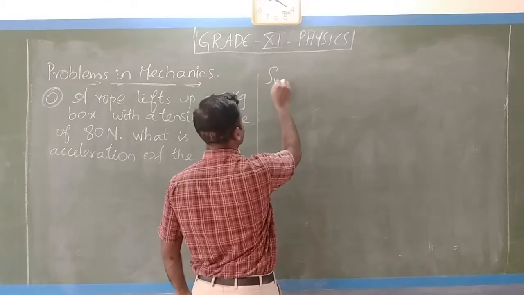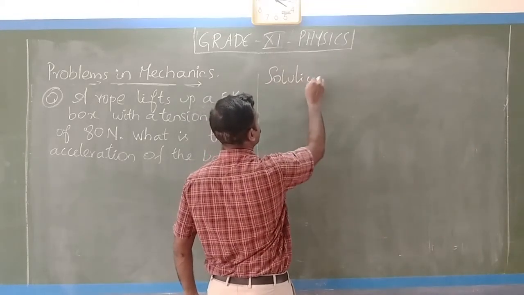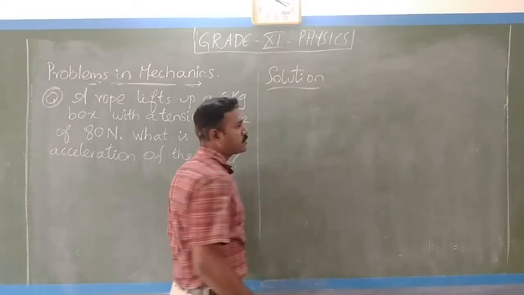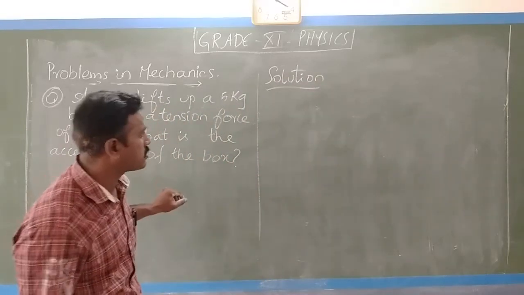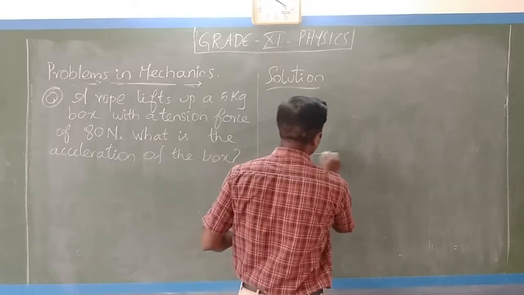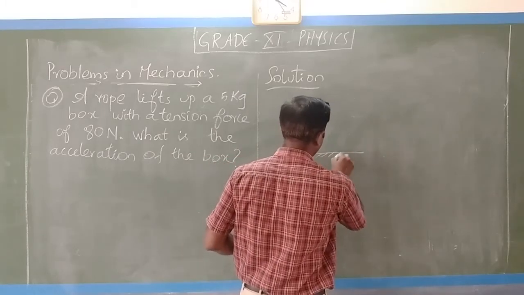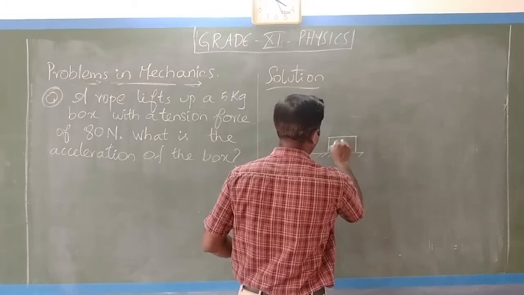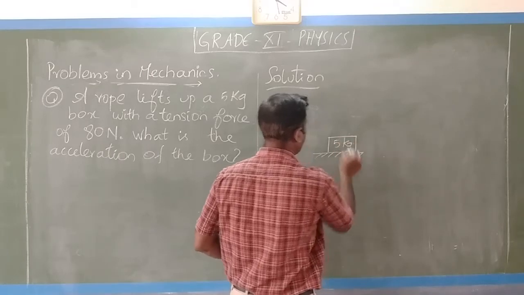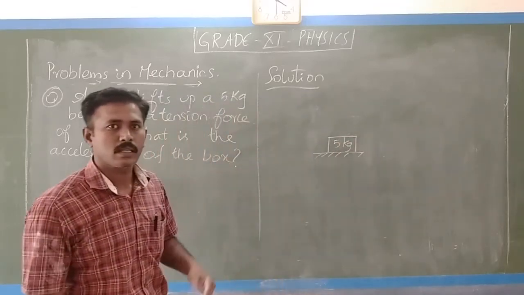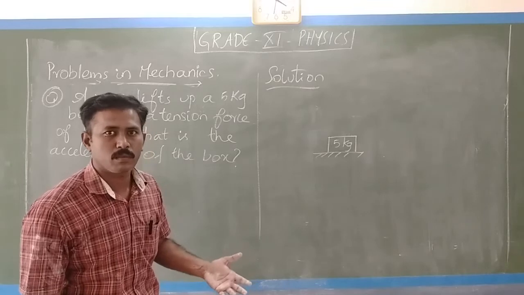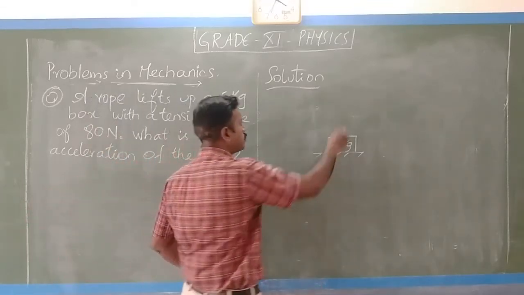So the solution: it specifies that there is a 5 kg mass. Okay, so there is a rope. The rope is connected to the 5 kg mass and it is lifting it.